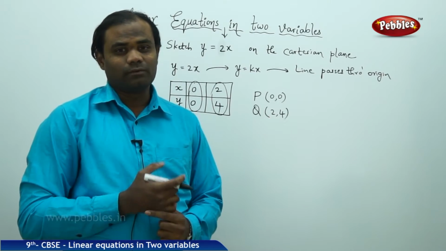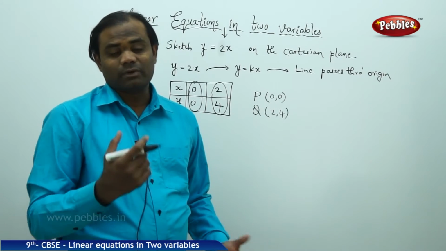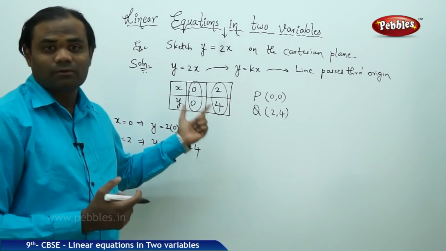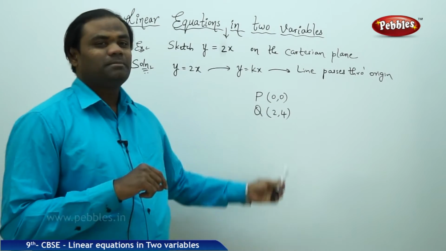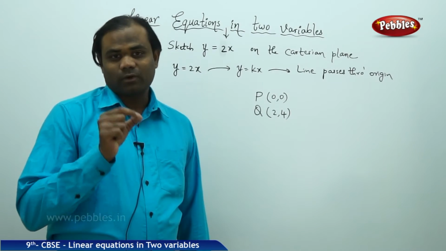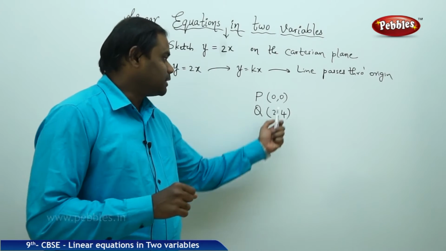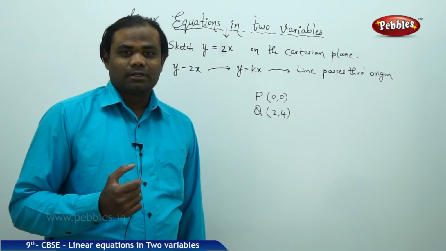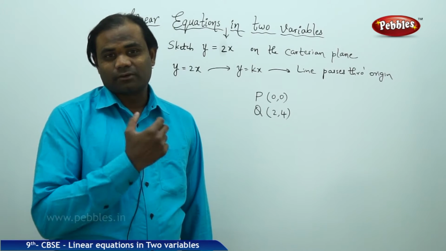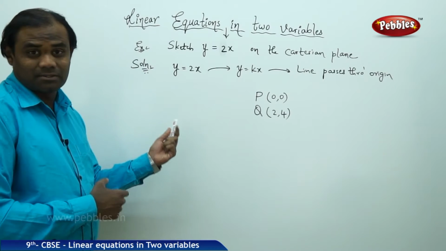So let's see how we can sketch the line utilizing these two coordinates as evaluated through the table of values on the Cartesian plane. Initially I'm going to start with sketching the Cartesian plane with x-axis and y-axis.